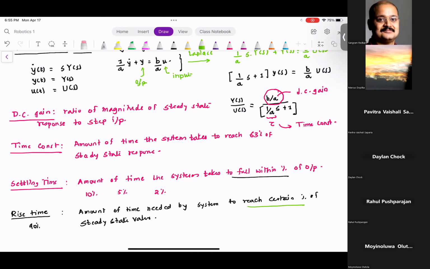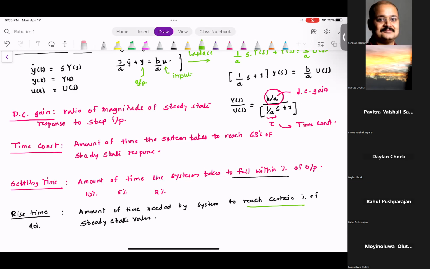It's actually very important that we understand these concepts, because if our robot has some type of time constant, that is the amount of delay that we have to account for, or compensate for, or somehow incorporate in our application.